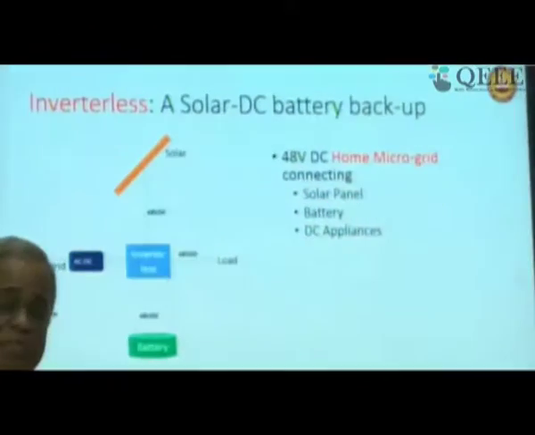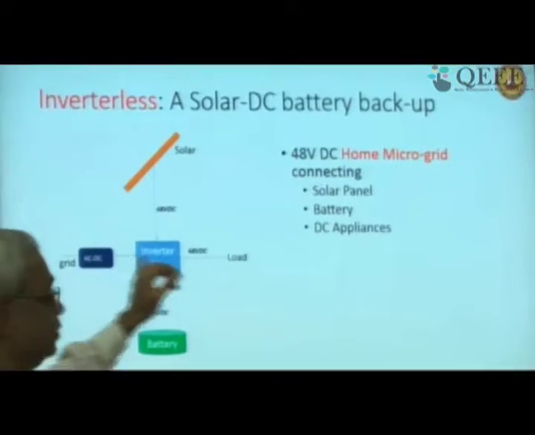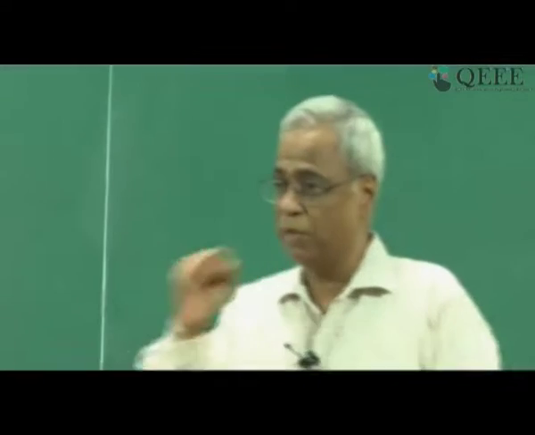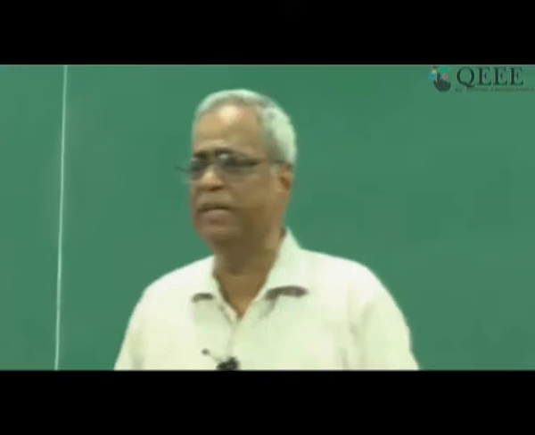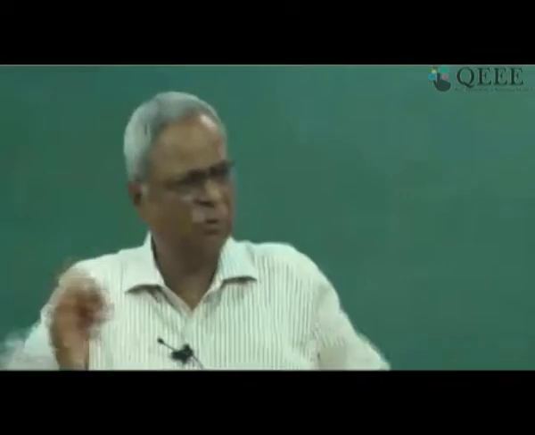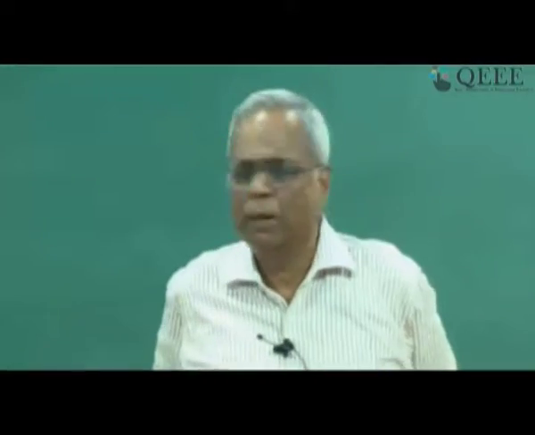Only the grid power, which comes as AC, is converted to DC. Remember, because of that old Tesla, not the new Tesla, he pushed for AC power. So AC power comes, that's fine. Let's accept that. We'll convert that power into DC, and I'll make this efficient, because this is for the whole home, not a small unit for each place.